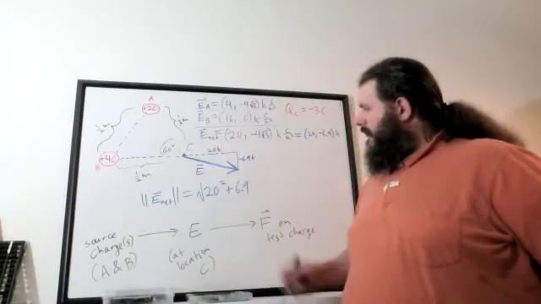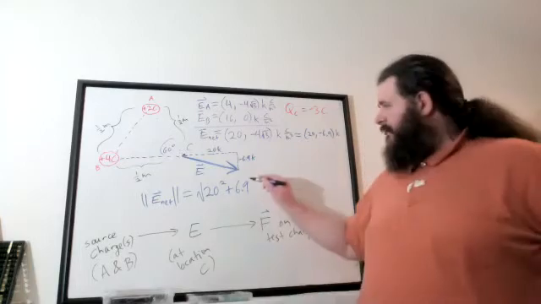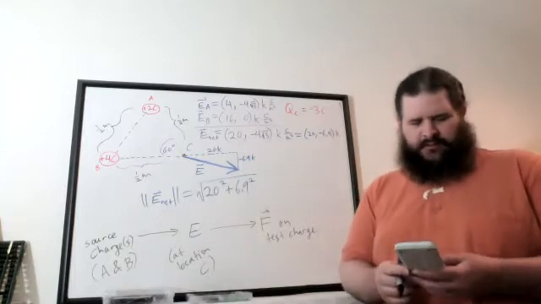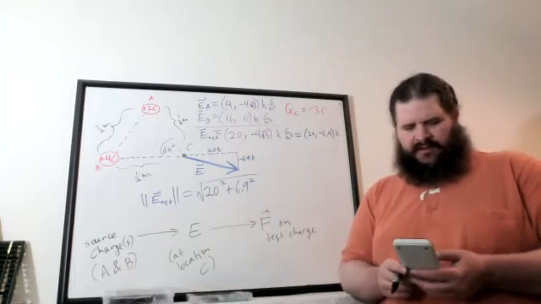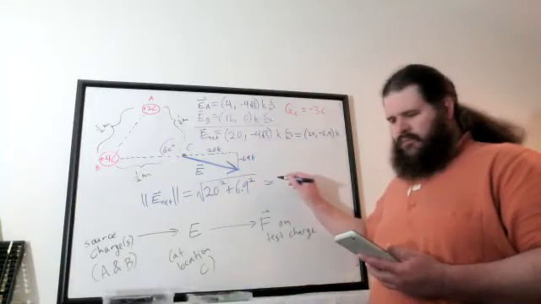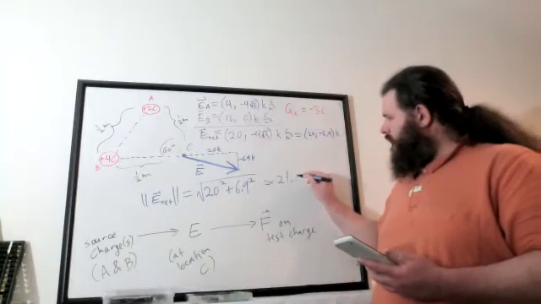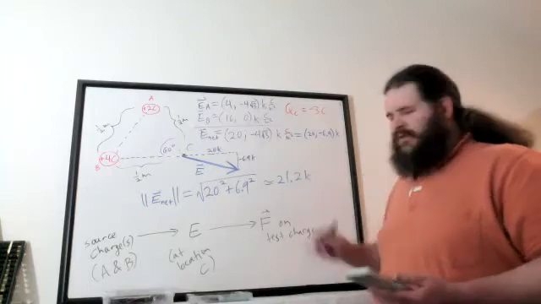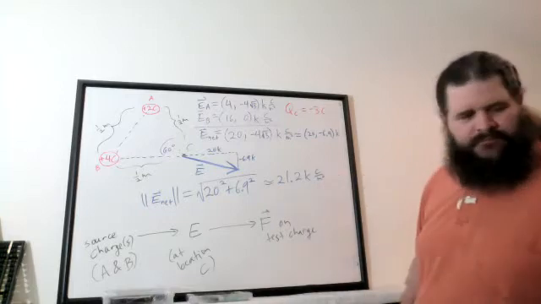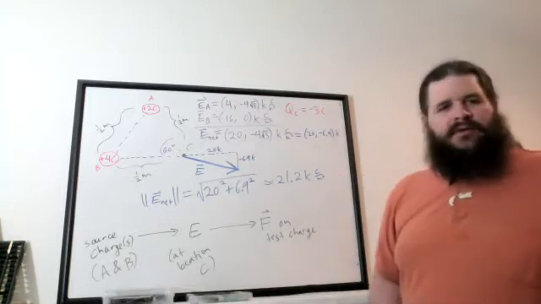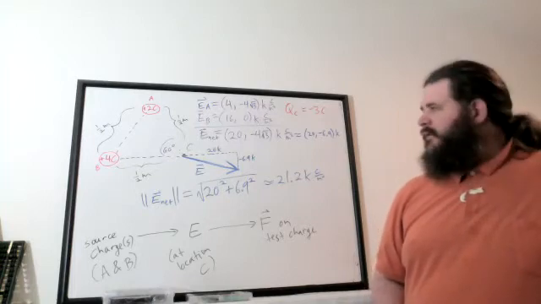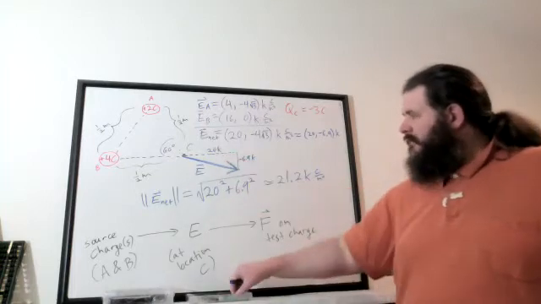We can also ignore the negative on the 6.9 because it's going to be squared anyway. And we get the square root of 20 squared plus that value squared, about 21.2. And that still has a K attached to it, and units of coulomb meters squared. So that's the magnitude. And what about direction? How do we find the angle this makes with the axis?